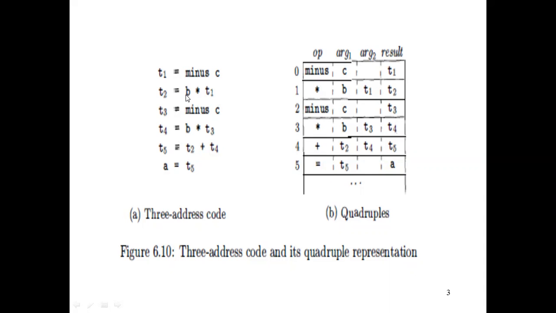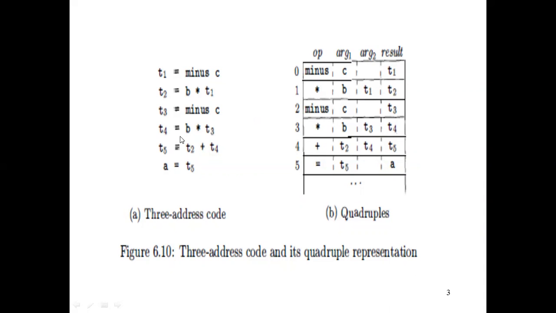Under argument 1 write B, and under argument 2 you can write T1, because this is a temporary variable, or you can say identifier. So star is the operator symbol, this is B and this is T1, and the result you are going to assign into T2.